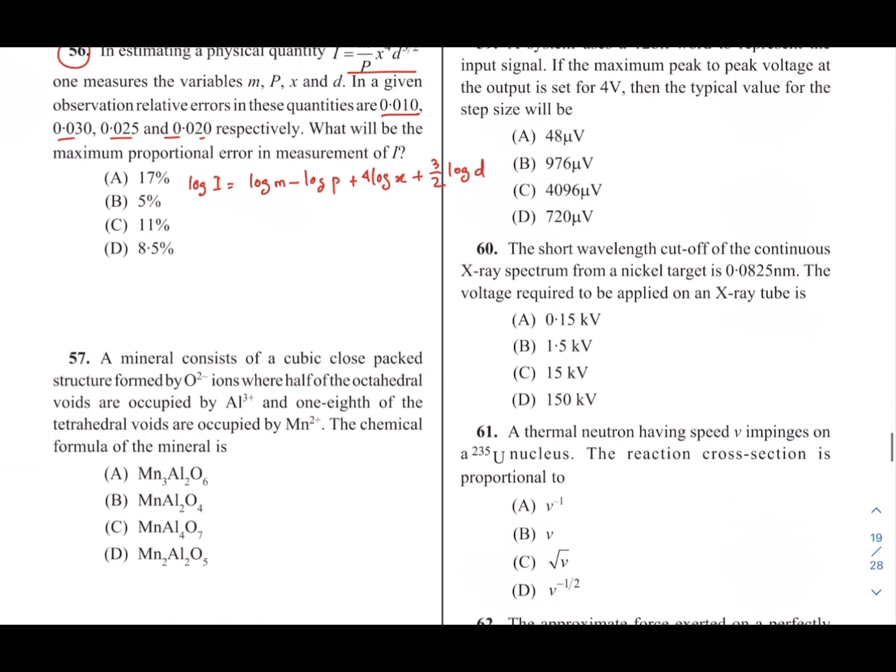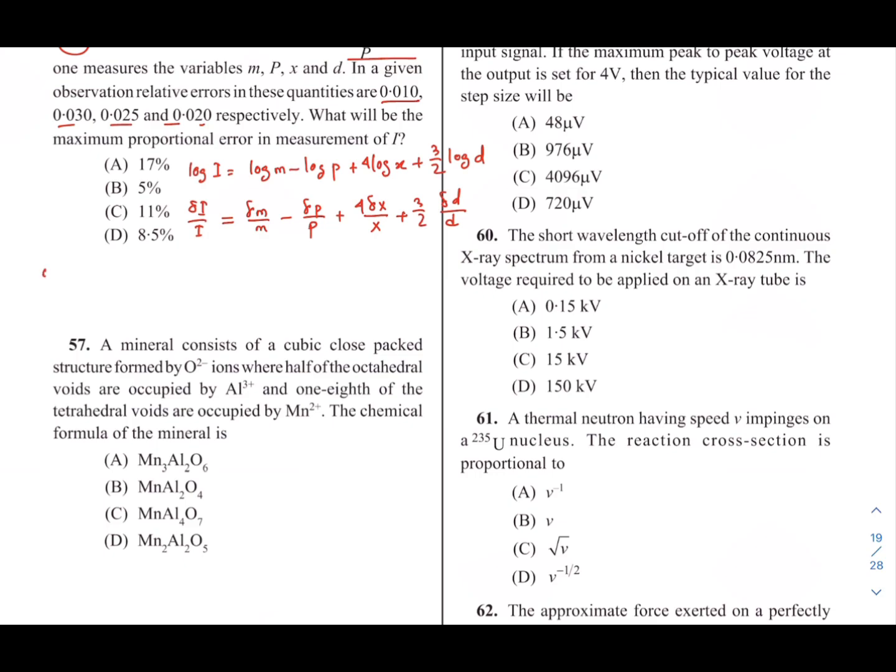Now we take the derivative. So delta I by I is equal to delta m by m minus delta p by p plus 4 times delta x by x plus 3 by 2 times delta d by d. Now when you calculate the relative error, that is delta I by I, you have to add all the relative errors. So essentially you can put a plus sign here.